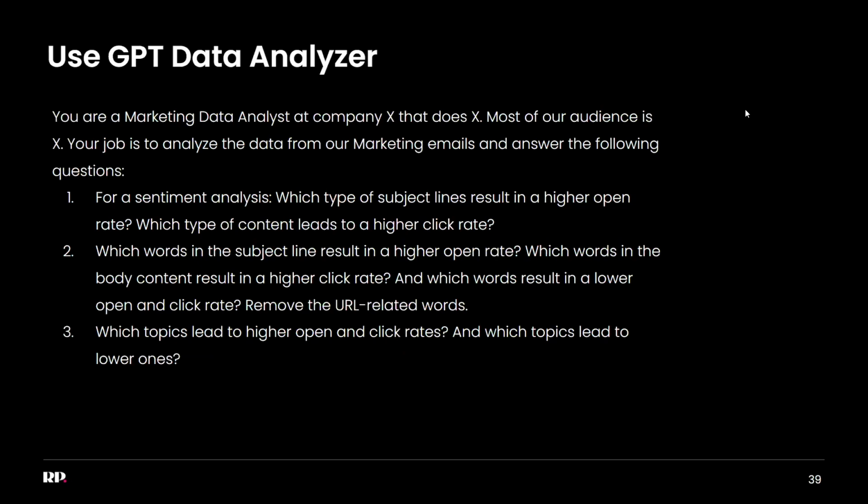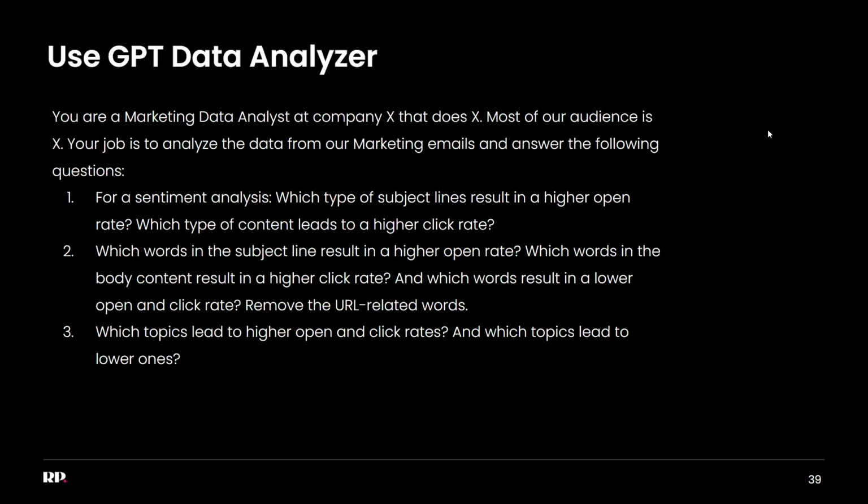So in the end, you send that to ChatGPT with the following prompt: that you're a marketing data analyst at a company. You explain your company, you explain what you do, and explain what is that audience that you are sending that email report to. And you say that your job is to analyze the data.